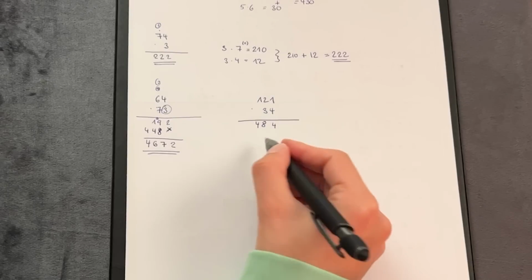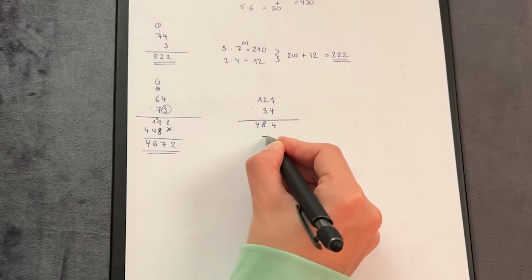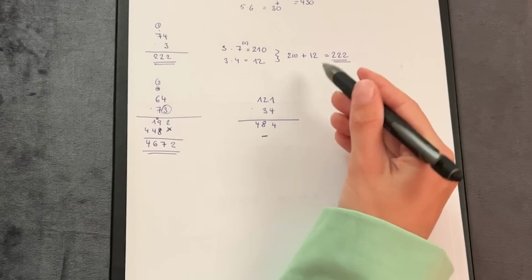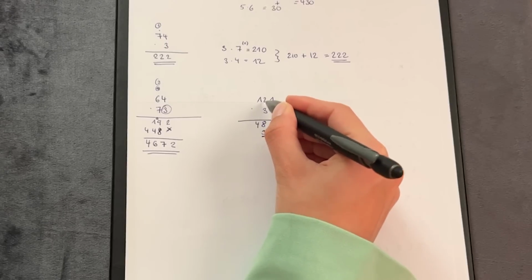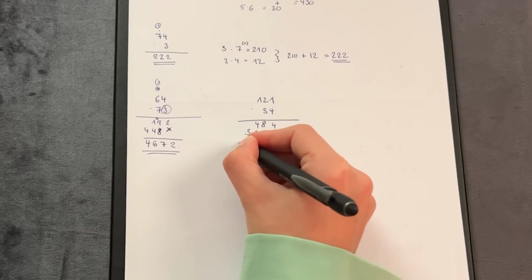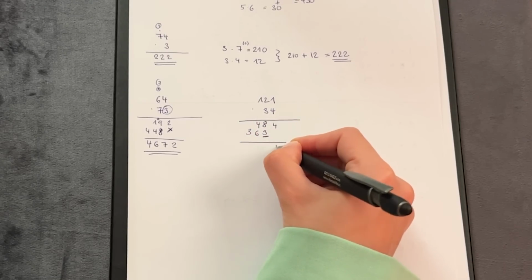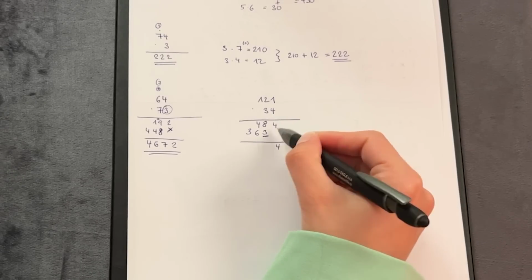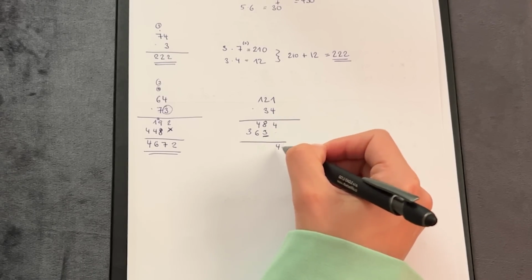Now we will start again one space to the left, 3 times 1, 3, 3 times 2, 6, 3 times 1, 3. Now we have 4. 3 plus 8 is, 0 plus 4 is 4.